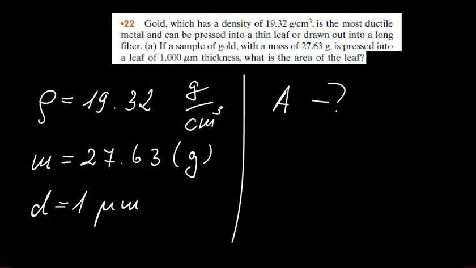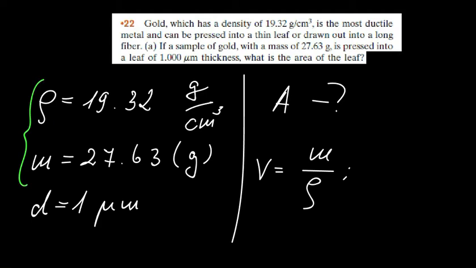So the first thing to do would be to get a volume of our gold sample. So because we have density and mass, the volume would be mass divided by the density.